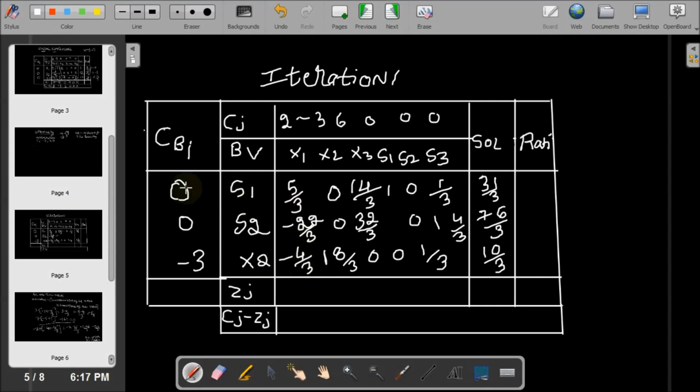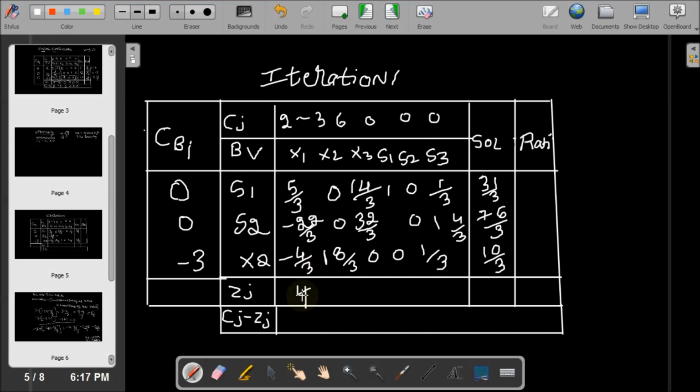I will repeat, 0 into 5 by 3 plus 0 into minus 22 by 3 plus minus 3 into minus 4 by 3. So what is the value you are going to get? 4, right? You are going to get the value 4 here, zj value. You can calculate that.